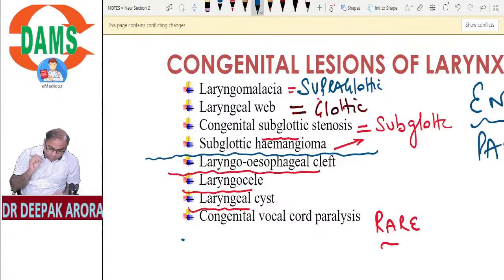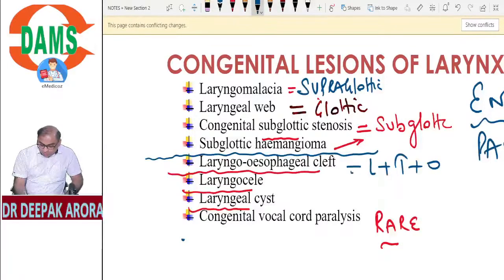Now concentrate on the board. Laryngotracheoesophageal cleft. It is a congenital anomaly of larynx plus trachea plus esophagus. So my formula will be laryngotracheoesophageal cleft is equal to larynx plus trachea plus esophagus. I hope you are getting my methodology, what method I am using.